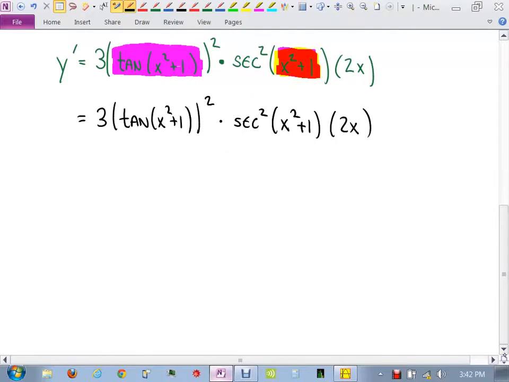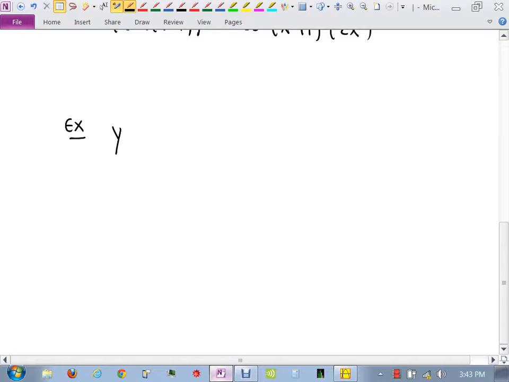All right. Here's one. y is equal to 3 over cube root of 1 plus secant x.